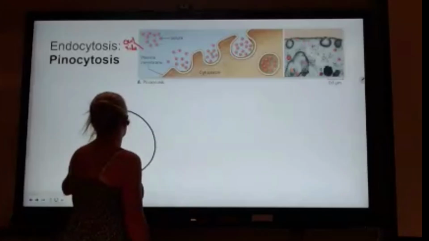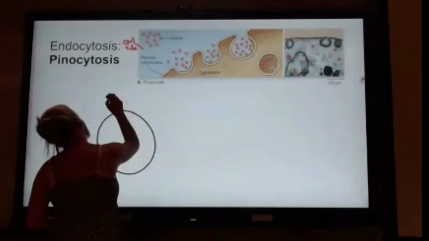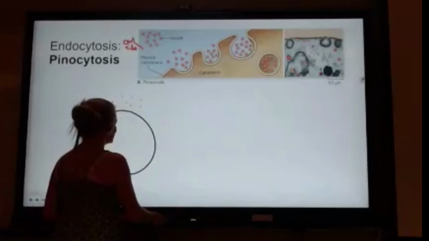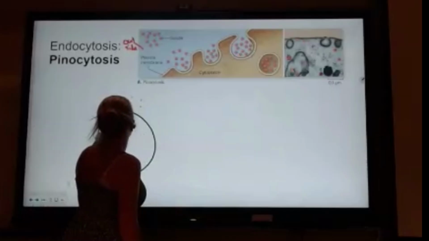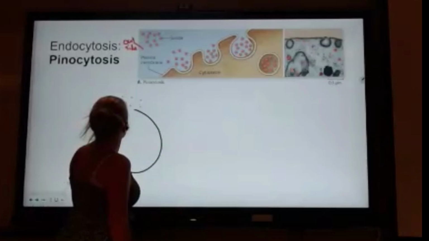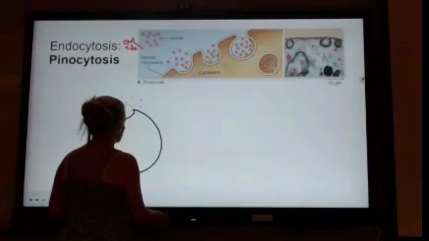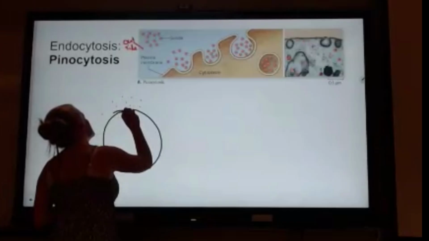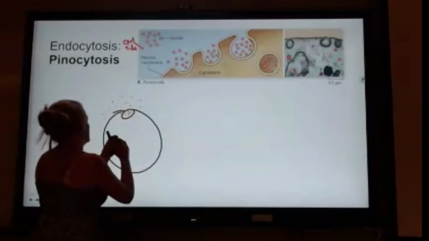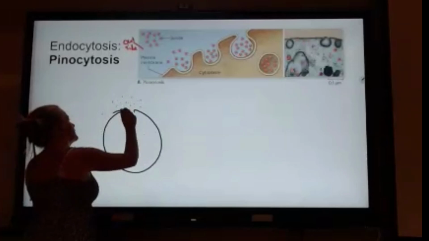Right, here's all of our solutes that are floating around. The cell kind of wants to do like a little taste test to see what's out there. So they're going to pinch in a little vesicle to bring in those solutes. They're going to pinch that off. Let me draw that better.